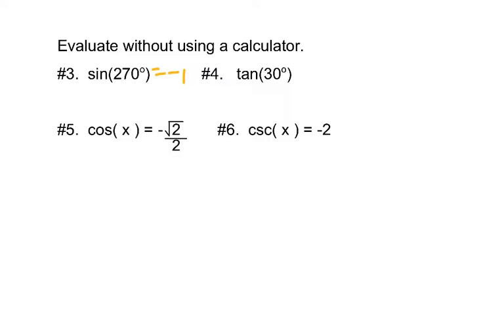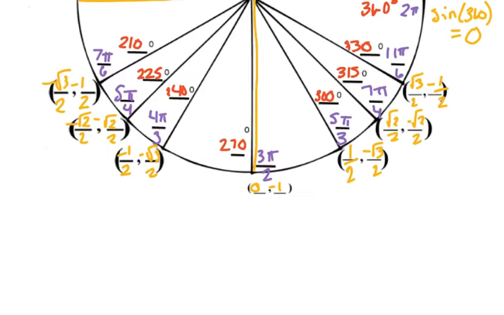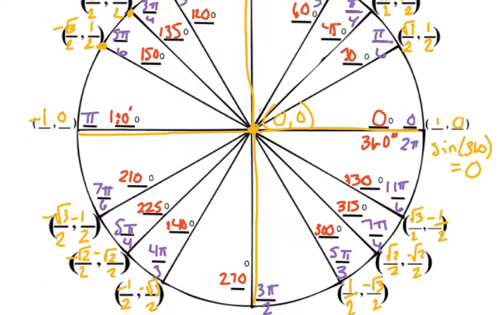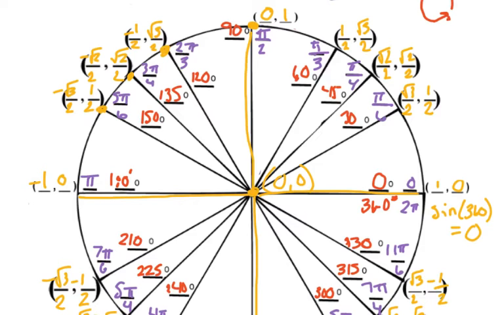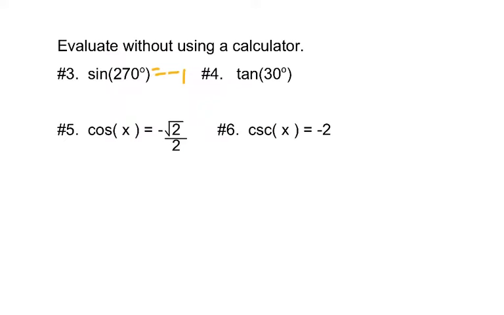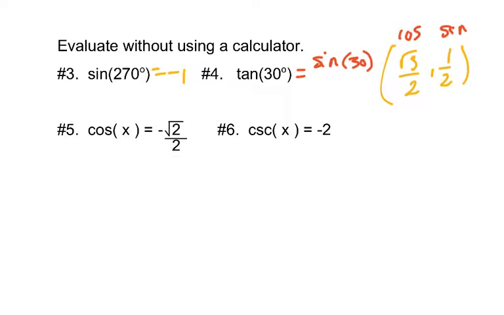Then we have tangent of 30, so going over here, tangent of 30 gives us a coordinate of square root of 3 over 2 and 1 over 2. That tells me the cosine is square root of 3 over 2, the sine is 1 over 2, and remember that tangent is sine over cosine.